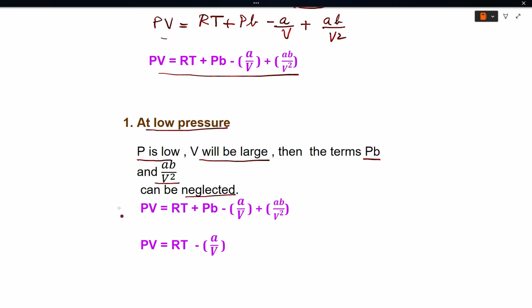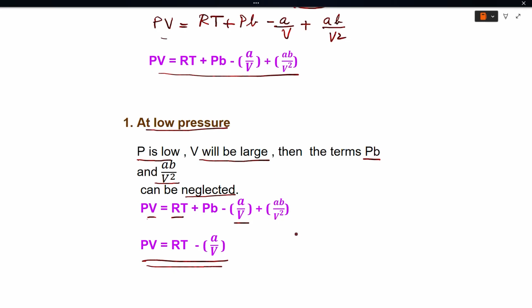V is very large, so this term becomes small, and Pb, a correction for volume, also becomes very small. Therefore, these two terms are neglected, and what we will have after that is PV = RT − a/V. So, this will be the resultant equation.